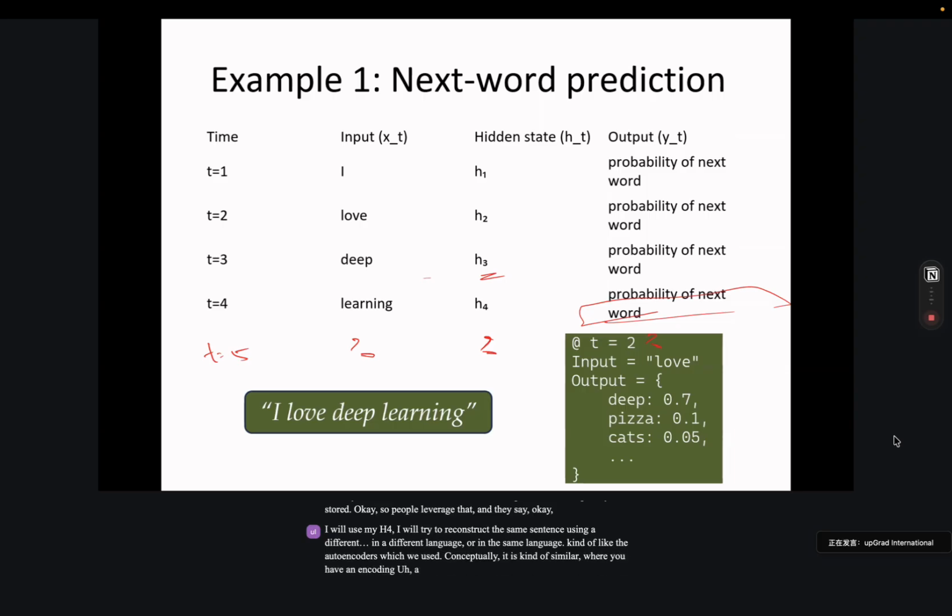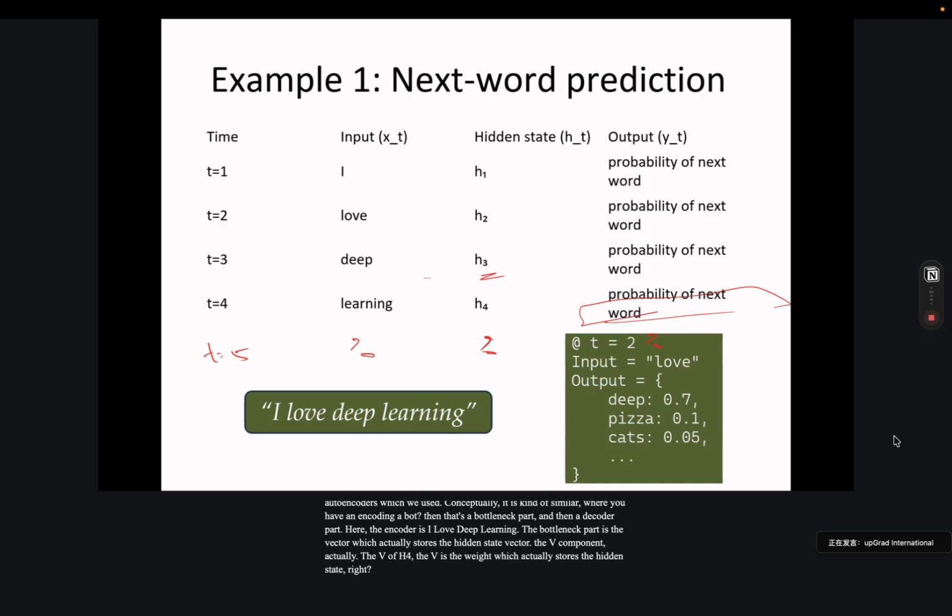Conceptually, it is kind of similar, where you have an encoding part, then a bottleneck part, and then a decoder part. Here the encoder is I love deep learning. The bottleneck part is the vector which actually stores the hidden state, the V component, the V of H4. The V is the weight which actually stores the hidden state, right?